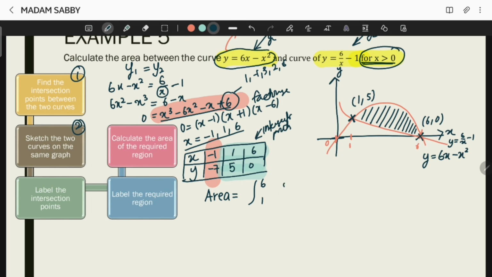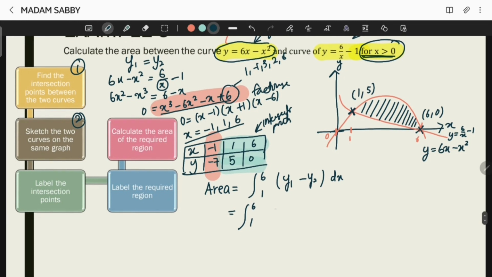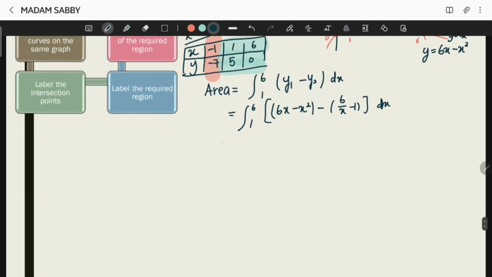Integral of y1 minus y2 dx, where your y1 is 6x minus x squared, minus y2, which is 6 over x minus 1, dx.